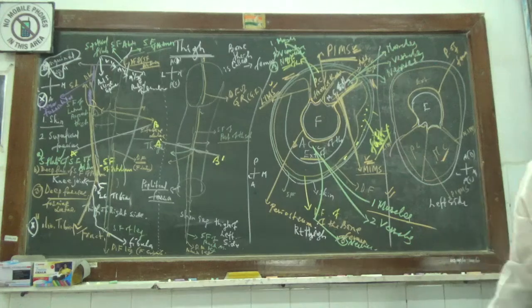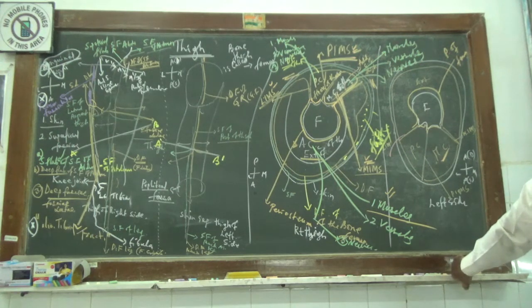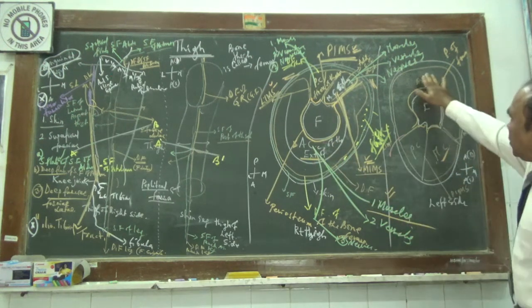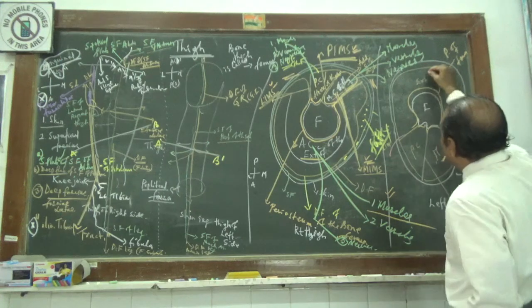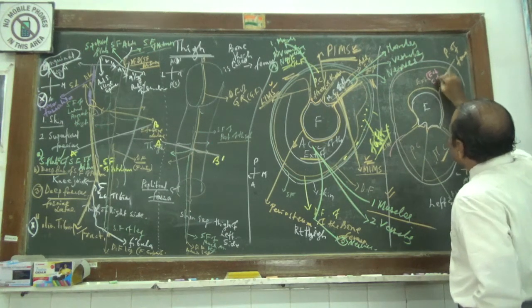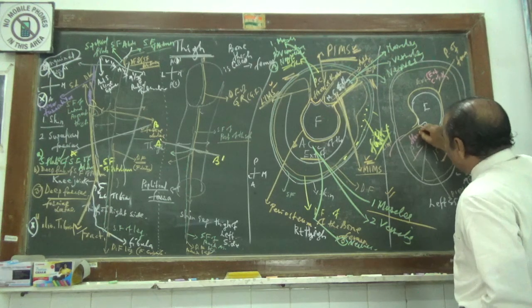In my next class, I will deal with the myology of the anterior compartment of the thigh, meaning which muscles are there in this compartment. This is also the extensor compartment. Okay, this will be the flexor compartment.